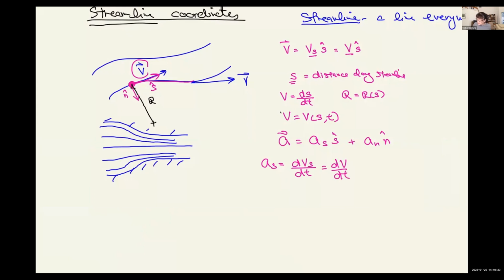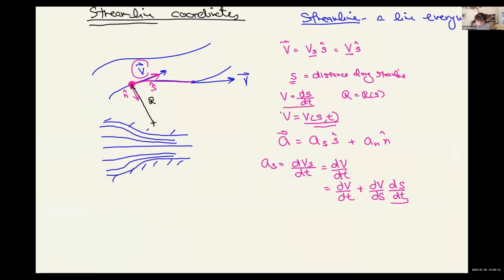Knowing that the velocity in general is a function of S and T, we can use the chain rule. So the rate of change of the velocity with respect to time, plus how the velocity changes along the coordinate direction S, and then how S changes with respect to time, to account for the functional dependence of both S and T. And this is just the velocity V.